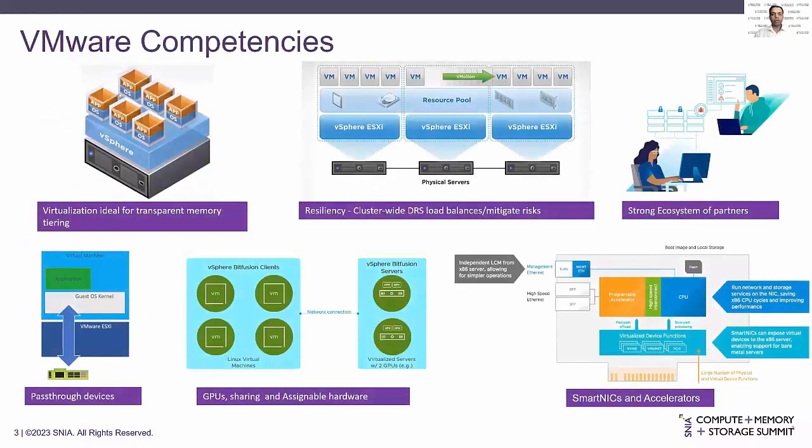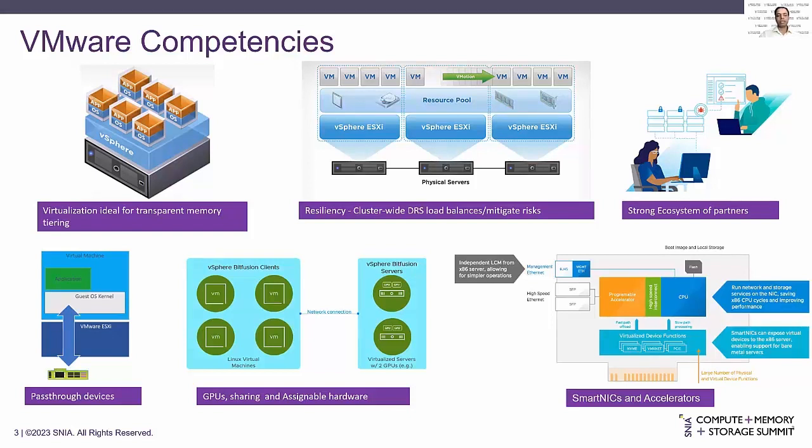All right, when you look at some of the VMware competencies, VMware is known for virtualization. So VMware is one of the first industry leaders for virtualization. And what does it mean for technologies like CXL? Basically what that means is you can go and make any underlying hardware change, and VMware will support that.